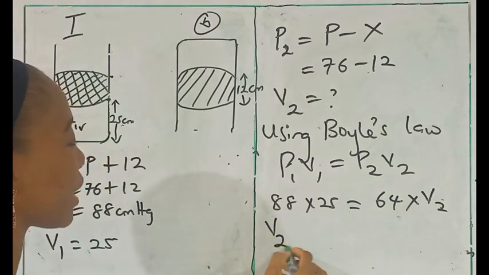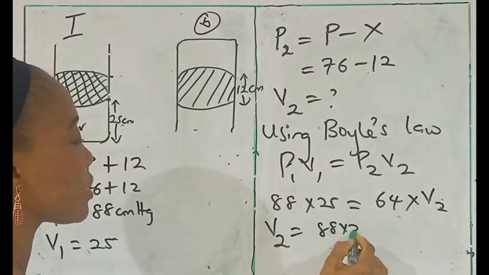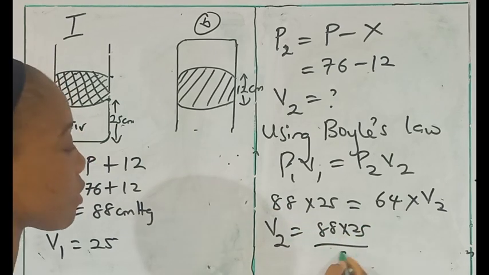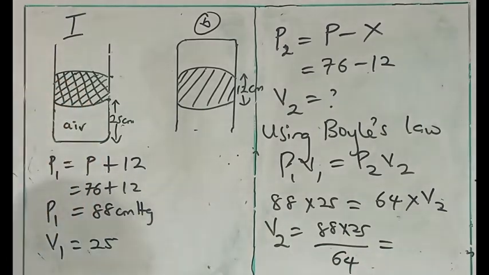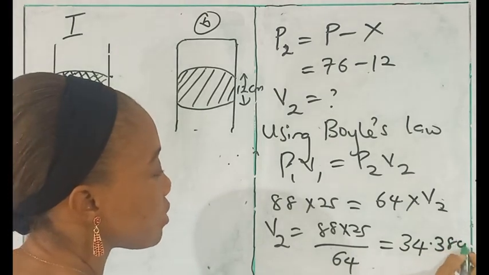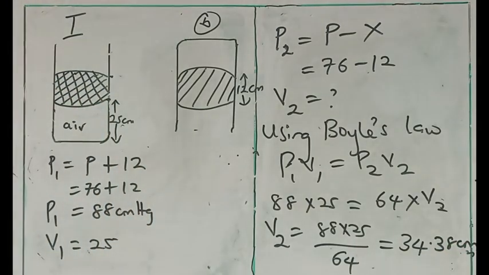So we'll go ahead and reduce everything: 88 times 25, divided by 64. The final answer will be 34.38 cm. This is how you solve problems like this.